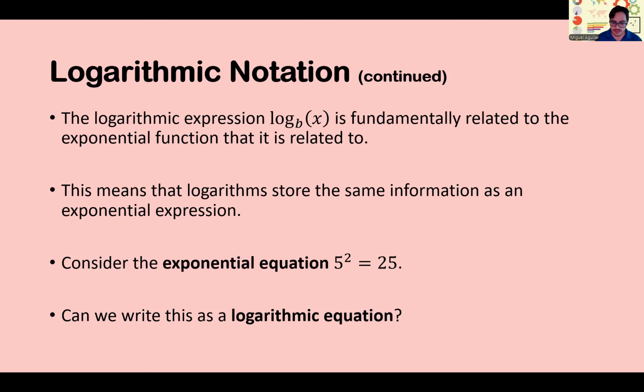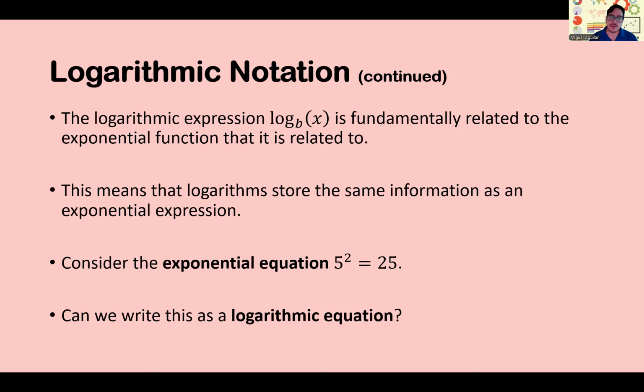If 6 times 7 is equal to 42, that also means that 42 divided by 7 is 6. Both of those statements, whether in terms of multiplication or division, mean the same thing. They contain the same information.